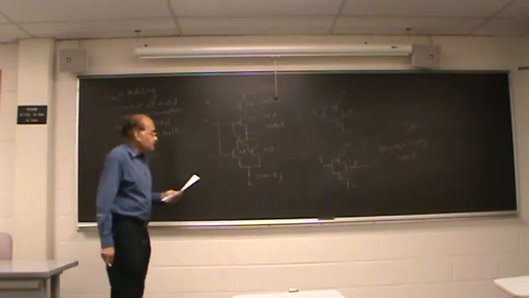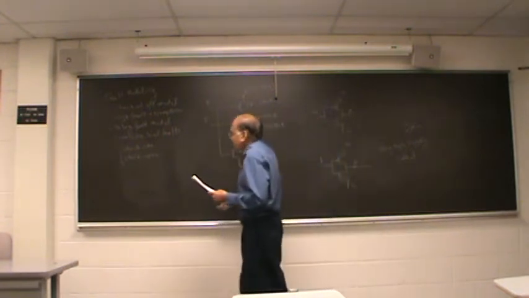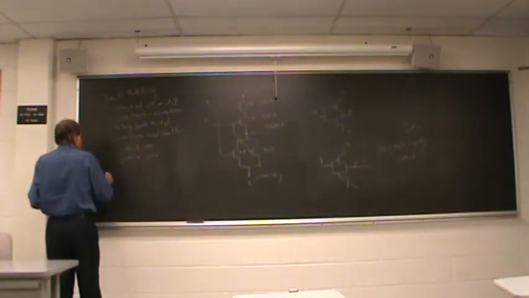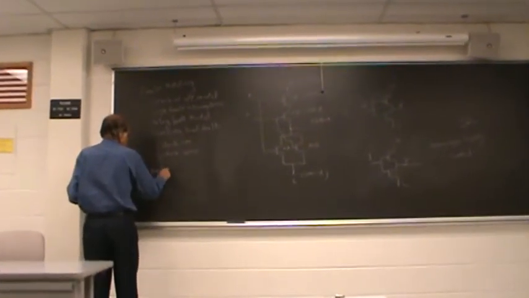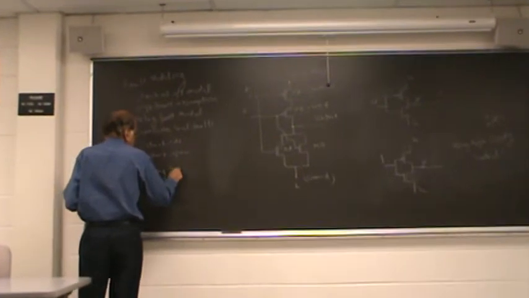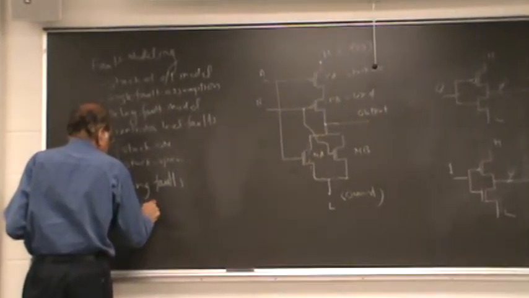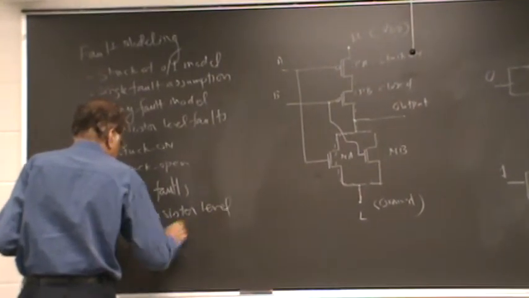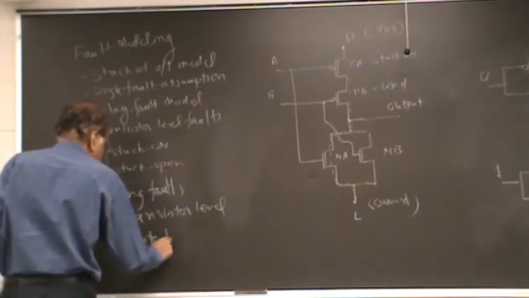Now, as long as we are talking about fault modeling, let me come back to the transistor level, and let me also mention bridging faults. You can model bridging faults at the transistor level, and you can model them at the gate level also.